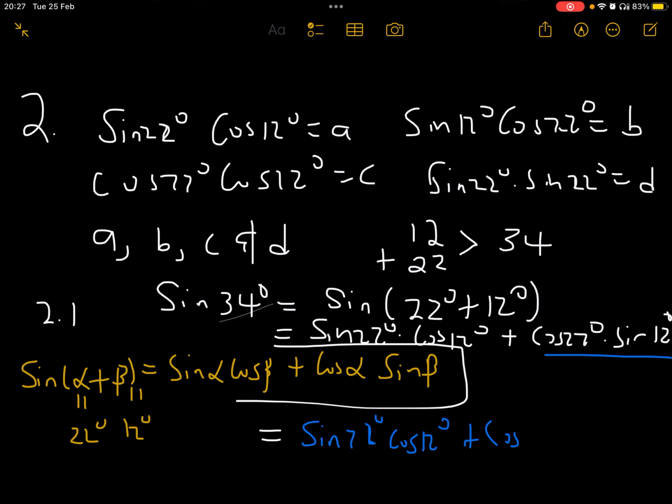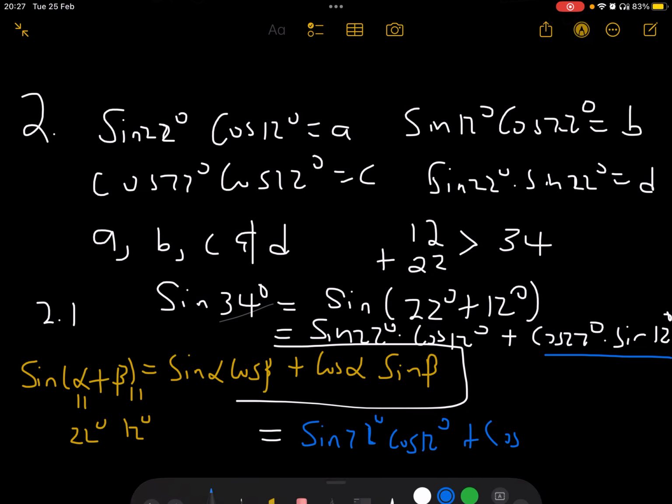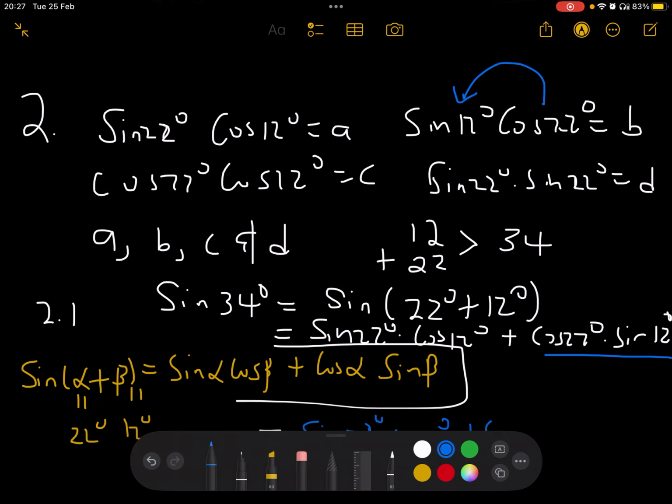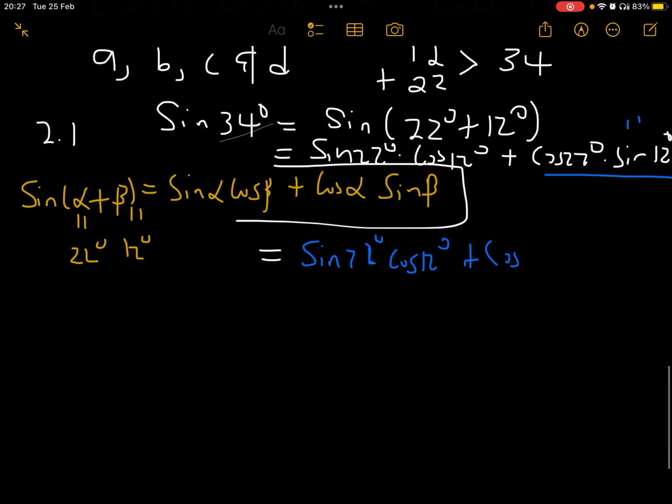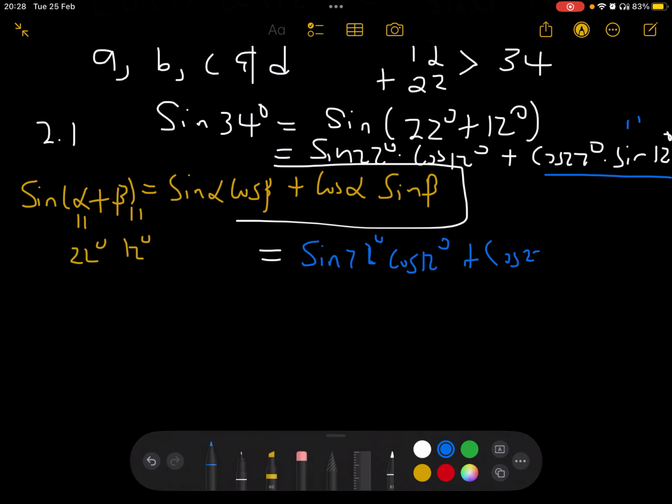So we can just simply rearrange this one here so that this is equal to an A and that being equal to a B.